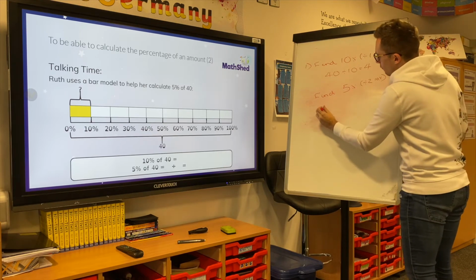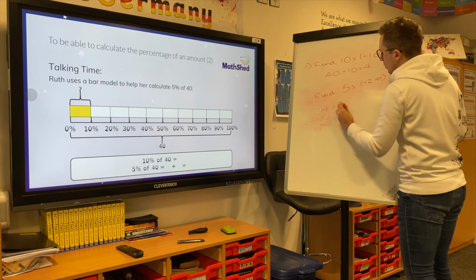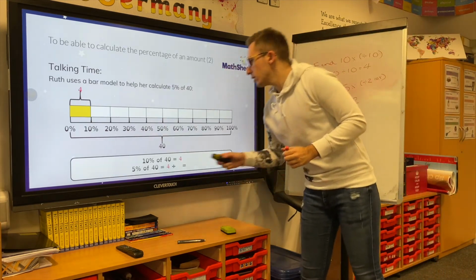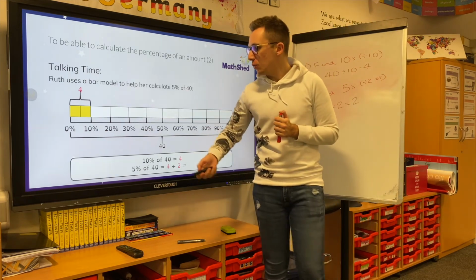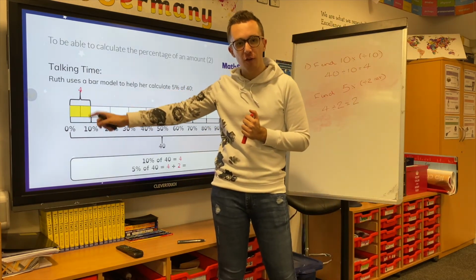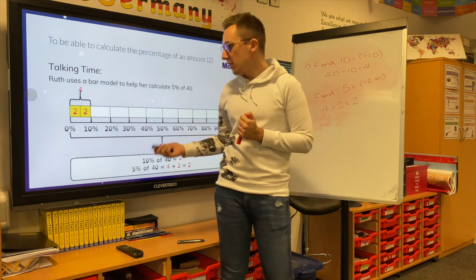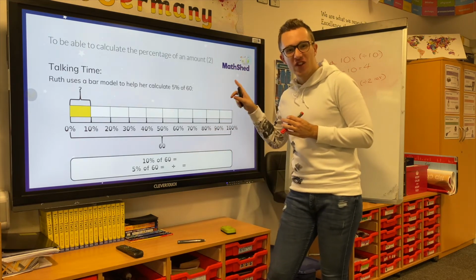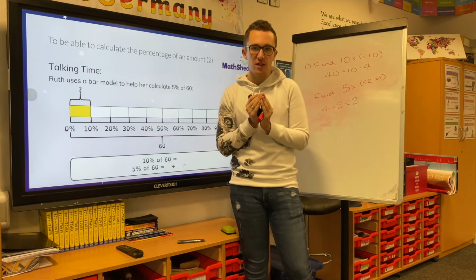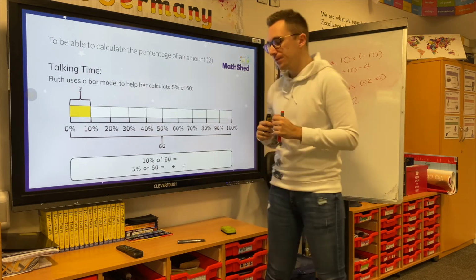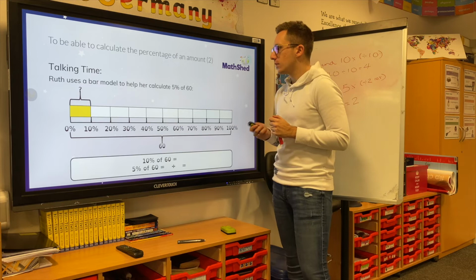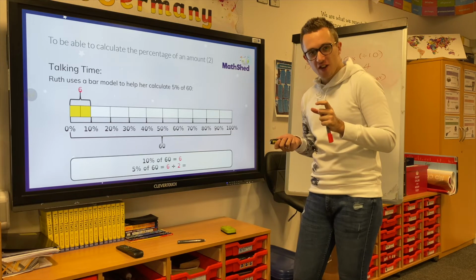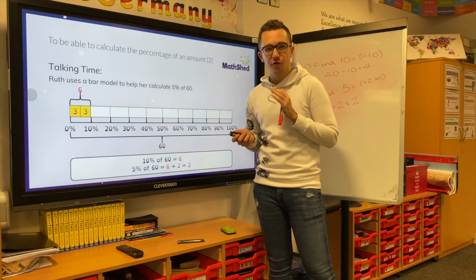So we're going to take 4, divide that by 2, which is going to be 2. We've got 10%, we're going to split it in half to get the 5%, which is going to be 2. Okay, can you have a go at that, finding 5% of 60, please? So find 10% and then halve it. Off you go. Okay, so 10% would be 6. We halve the 6, which gives us 3. So 5% is 3.